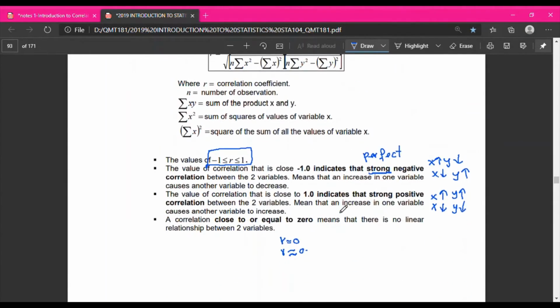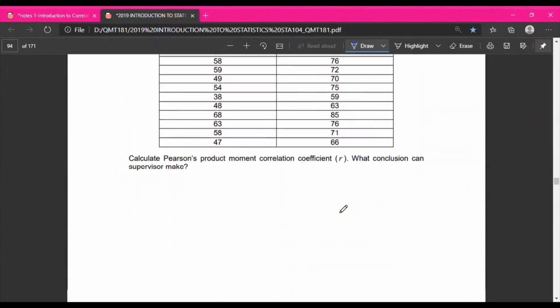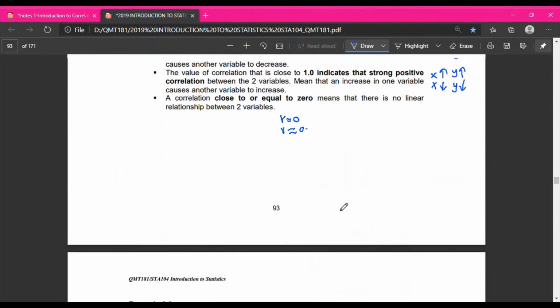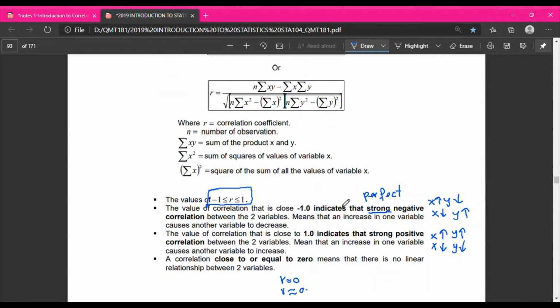Dalam your textbook, dalam ni saya punya ni yang lama dia tak ada.